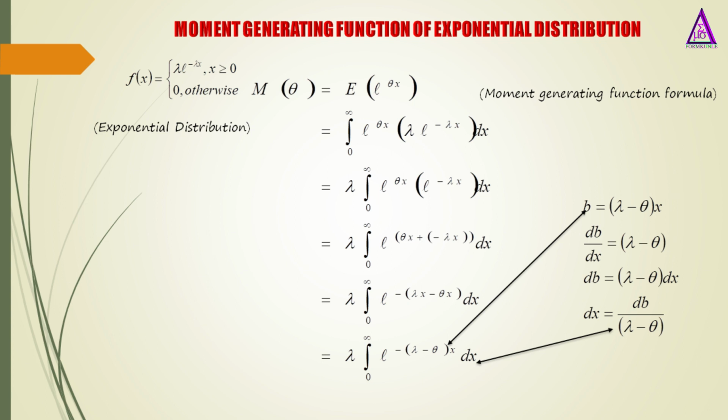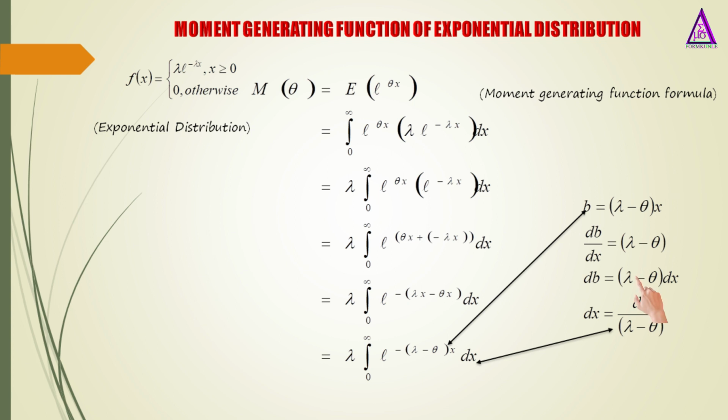In the last equation, we represent (λ - θ)x by b, and we differentiate b with respect to x, and we have λ - θ. We want to make dx the subject of the formula, and that is the reason why we have equation 3 here.